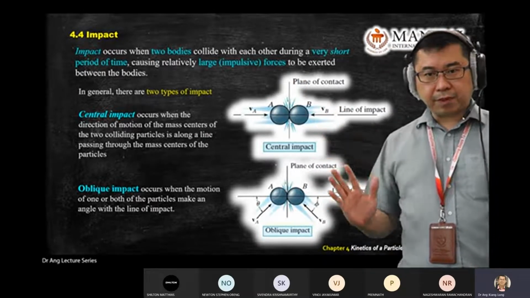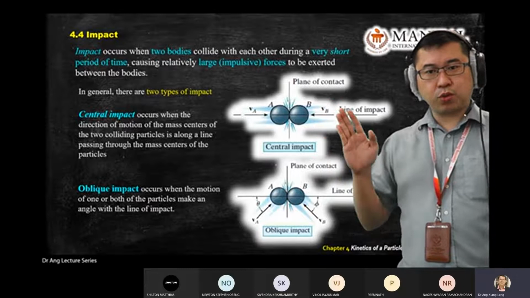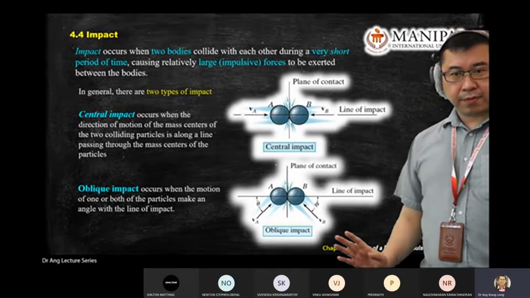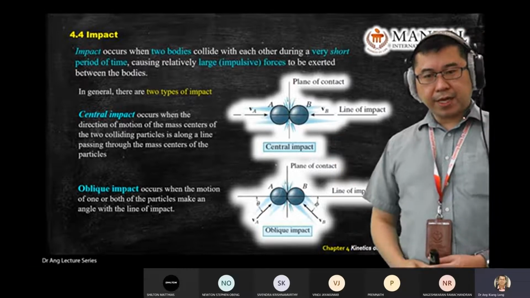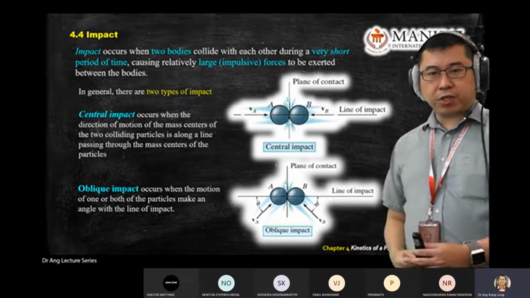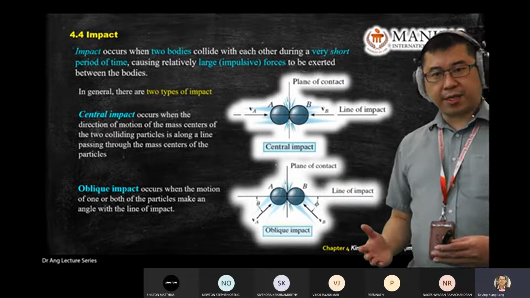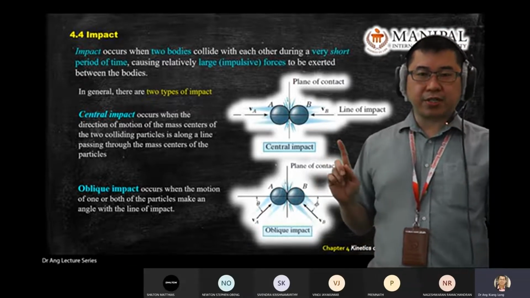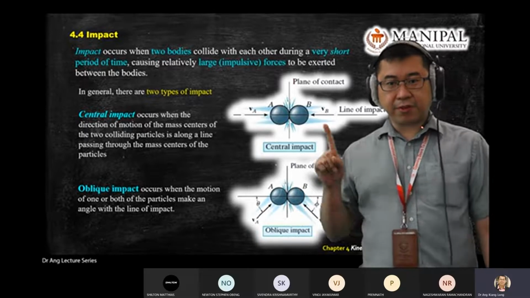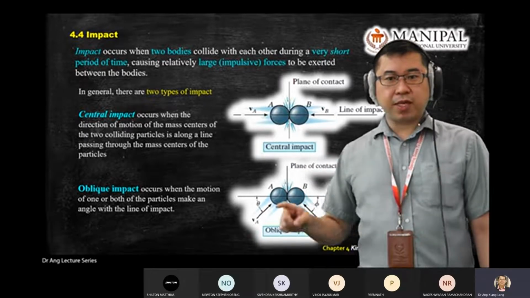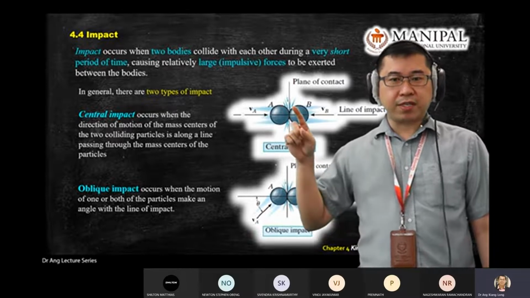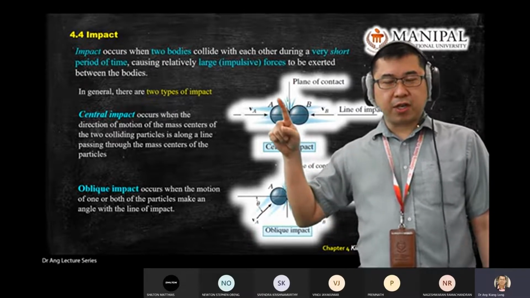Before I go into detail, these are the two types of impact you have. The type of question you will see in the test or exam is to ask you to estimate the direction after both of them collide: what direction A will go, B will go, and what is the angle of velocity and so on.